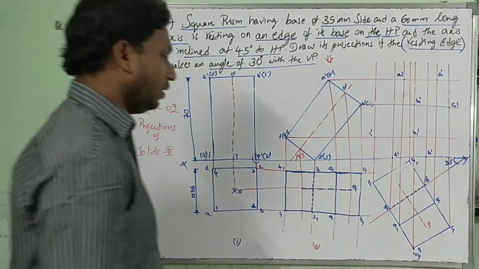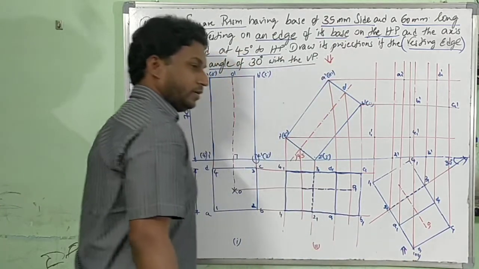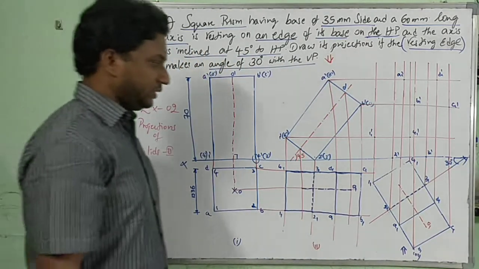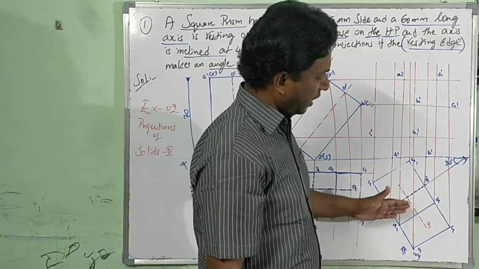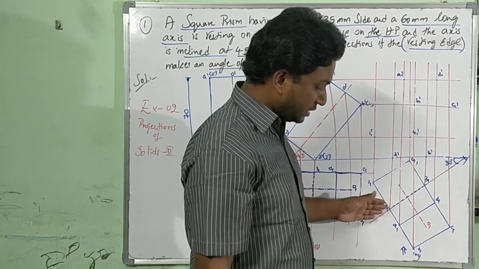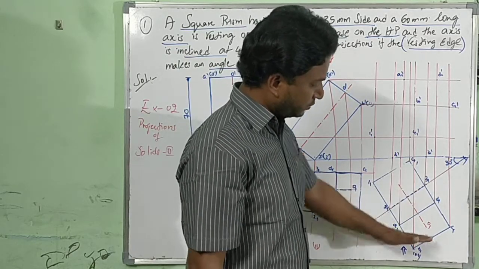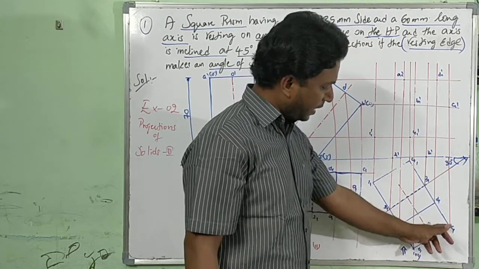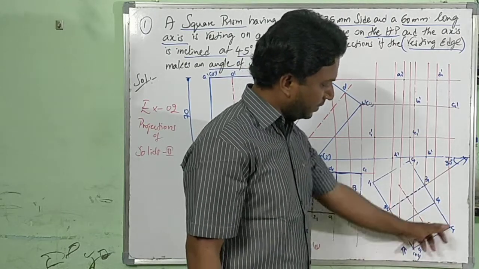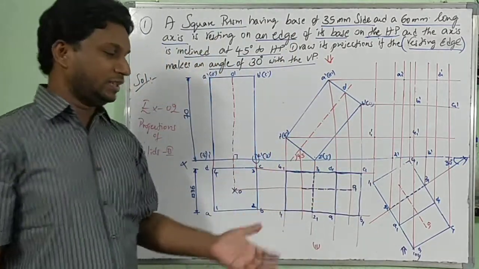Now looking from here, front view, with respect to the half line, if you consider this, it's easy to assess that the half line is nothing but a hidden edge. With respect to the hidden edge, when I am looking from here, I can clearly see A1, B1, C1, D1 in the front view, which is completely thick.